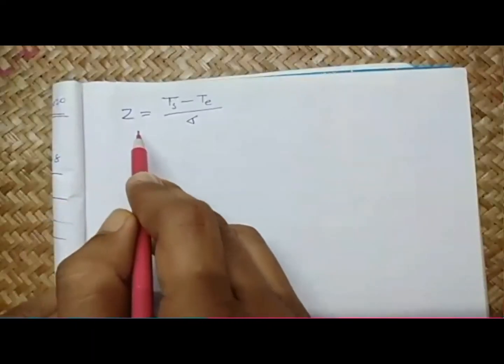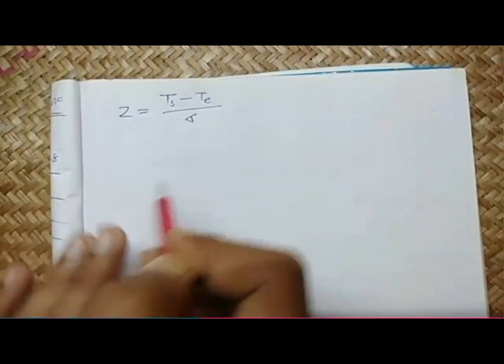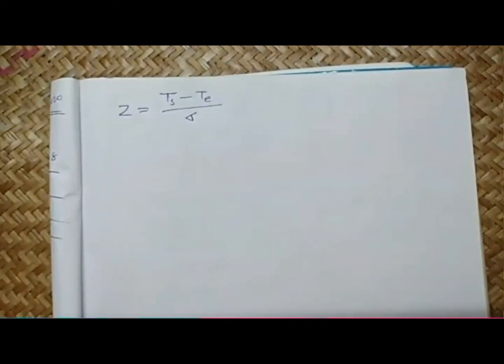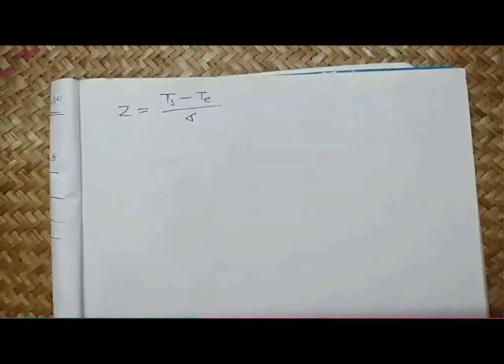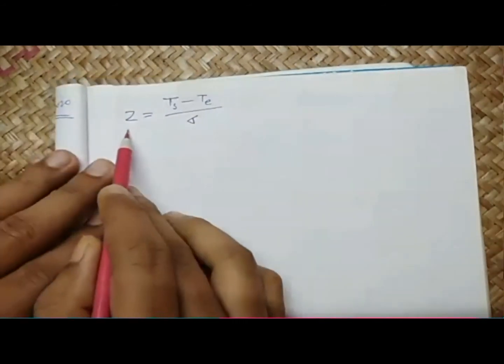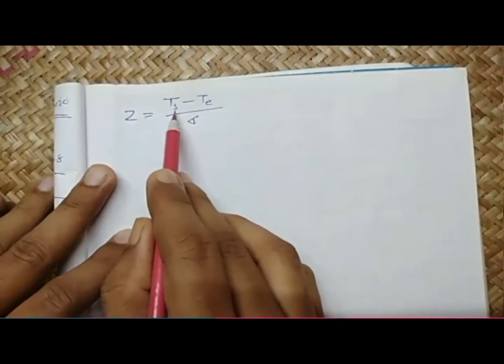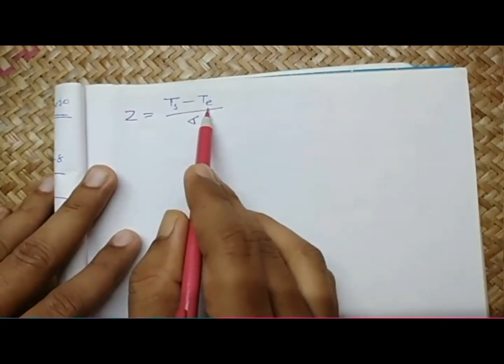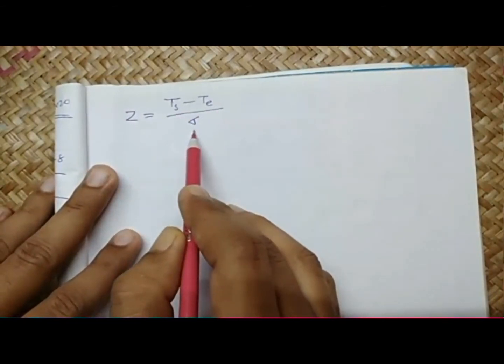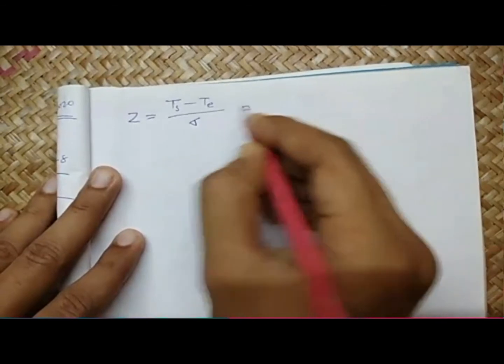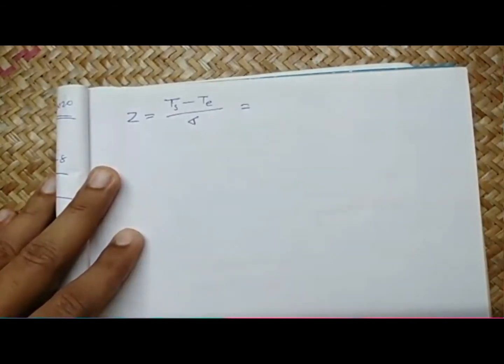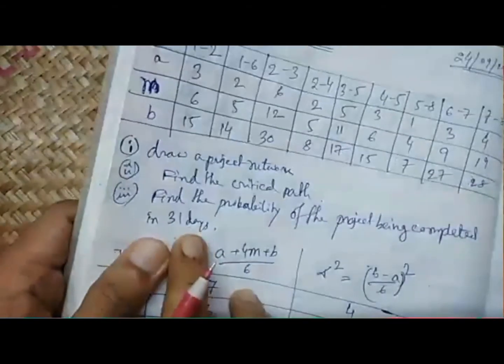From now on you will work only on this rule because it is shorter and simpler. Z is the target time minus the expected time, divided by the standard deviation. Here in the problem, the target time given is 31.